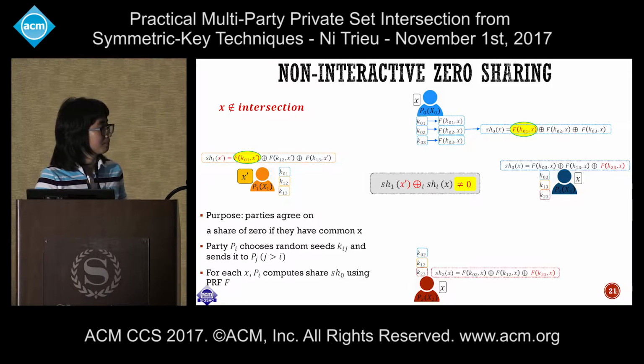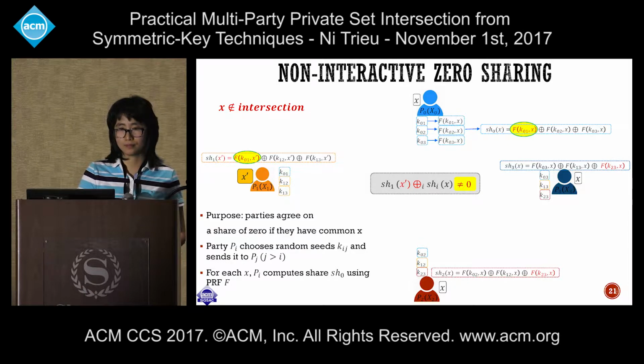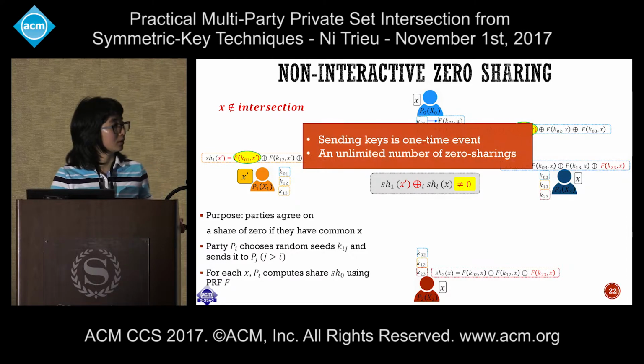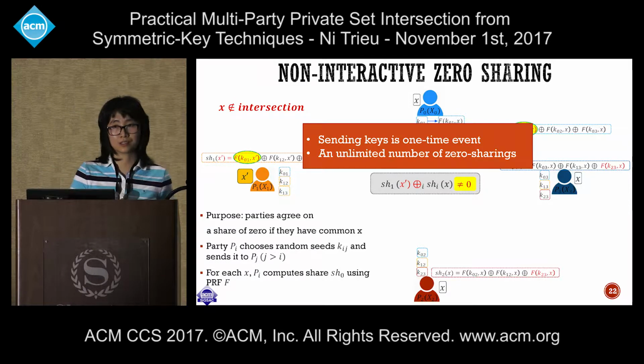Therefore, the XOR of them doesn't equal 0. The important thing in non-interactive zero sharing is that we can send the keys in a one-time event, and you can have an unlimited number of zero sharings.